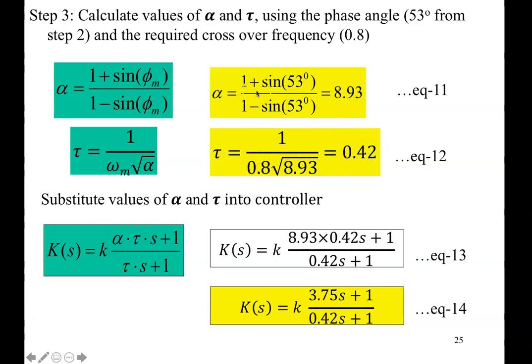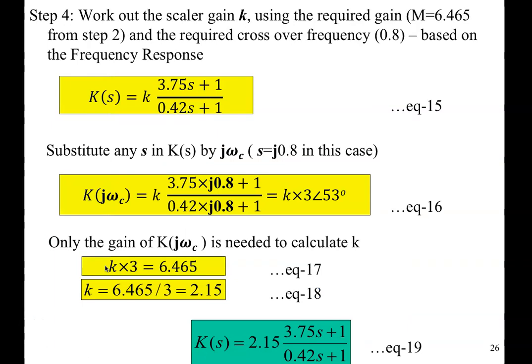Then you substitute alpha and tau back into the transfer function of the controller, leaving that small k to decide in the final step. In the final step, you replace s by j0.8. 0.8 is my design frequency.